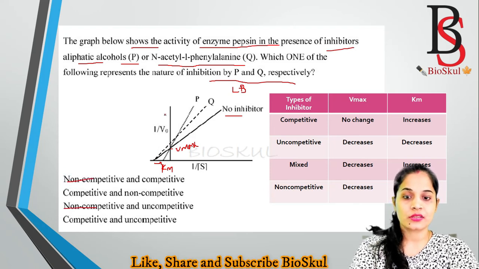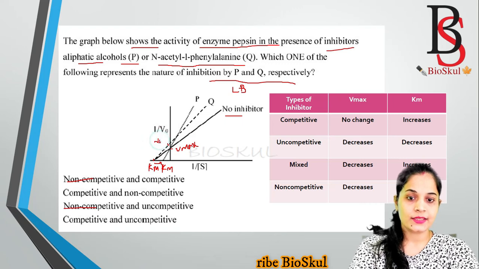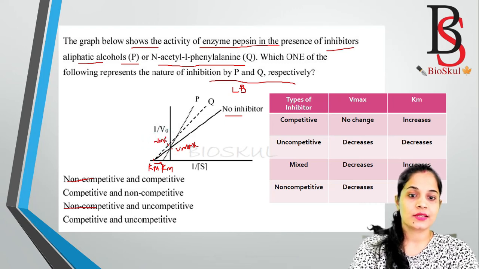So let's cancel these two, competitive, and let's see Q. In Q, you can see this point is the Km, it is constant, there is no change of Km, but Vmax decreases. That means it represents the non-competitive inhibitor.